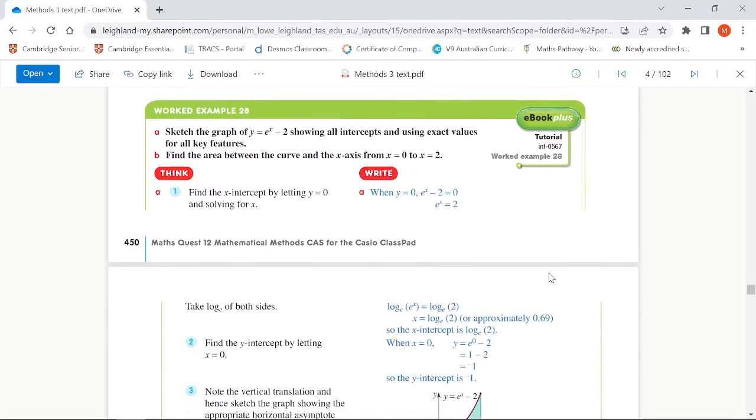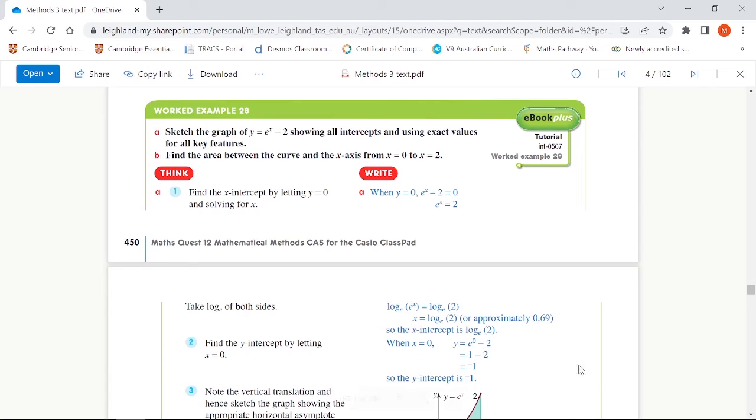As another example: sketch the graph of y equals e to the x minus 2, showing all the intercepts and using exact values for all key features, and then find the area between the curve and the x-axis from x equals 0 to x equals 2.